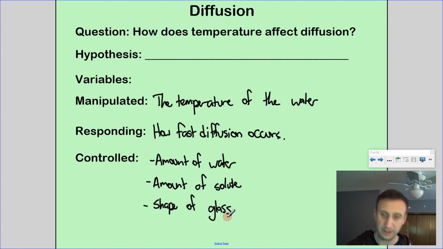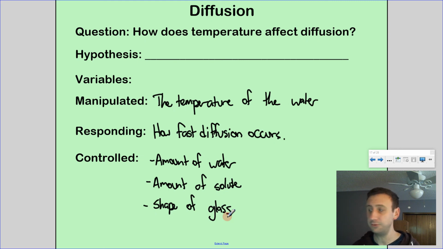If I had a very, very tall, skinny glass compared to a thick kind of tumbler glass, it might end up giving different results, right? As it kind of spreads out and diffuses. So the shape of the glass would be something that we want to control as well between the two trials.